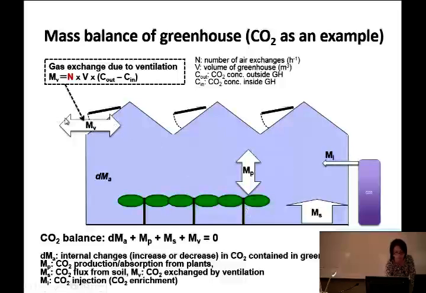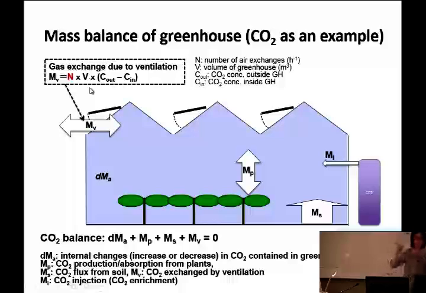And then there is gas exchange, the amount of CO2 released or coming in by ventilation. If CO2 outside is higher than the CO2 concentration inside, obviously CO2 is coming into the system through the ventilation. If it is higher inside than outside, CO2 is going out. It's very straightforward. And then the factor here is how much ventilation is going on.